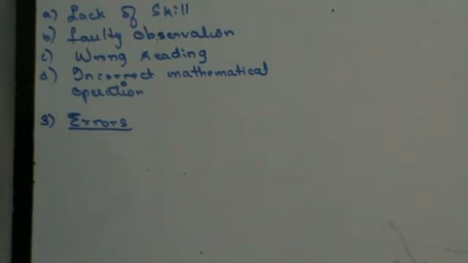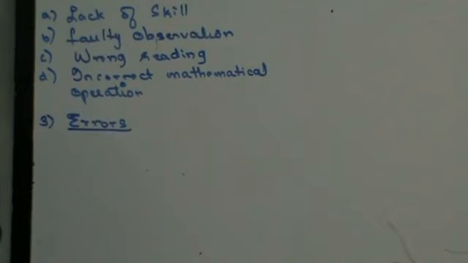So what are errors? Errors represent the possible variations of the measured value from the actual value of the physical quantity. The uncertainty or variation can occur in the measurement because of errors.